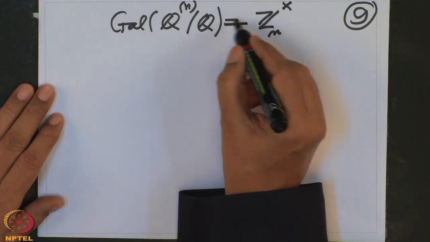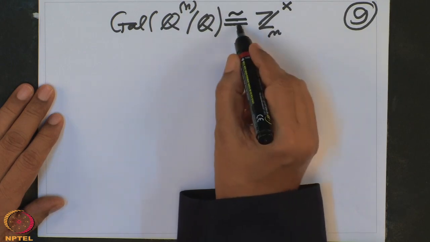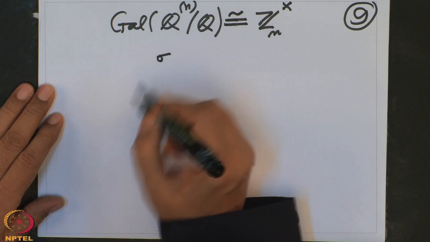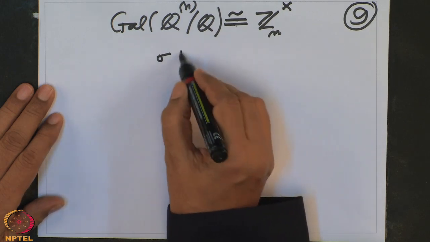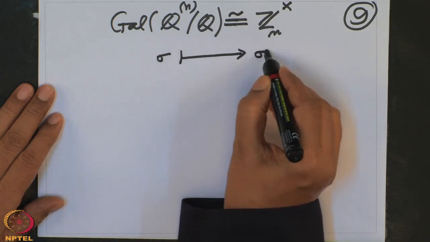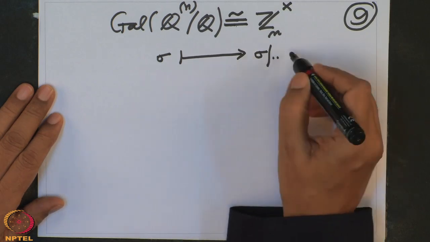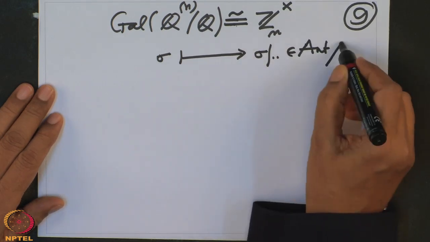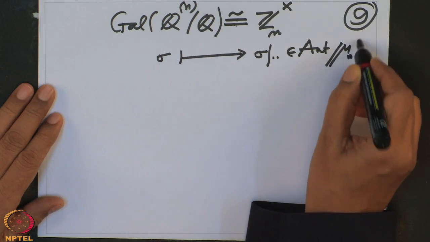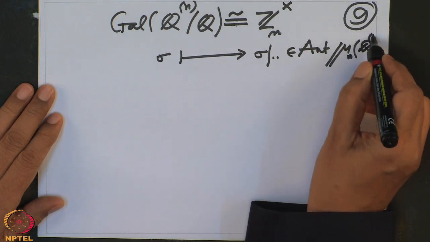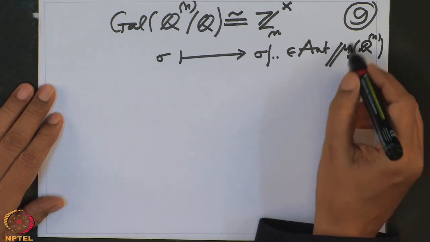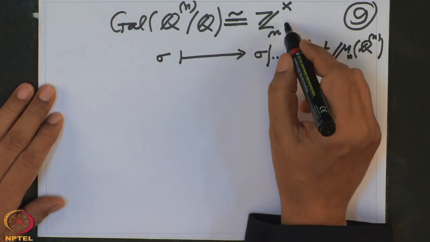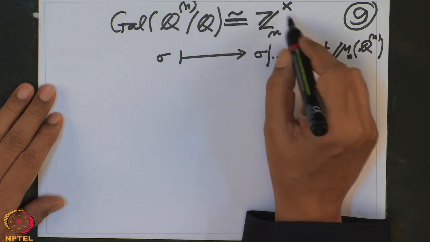This is isomorphic, and this is a canonical isomorphism. Any automorphism of Qn over Q is mapped to the restriction of that automorphism, thought of as an automorphism of this cyclic group mu n of Qn, which is a cyclic group of order n, and therefore the automorphism group has order phi n, which is actually this group.